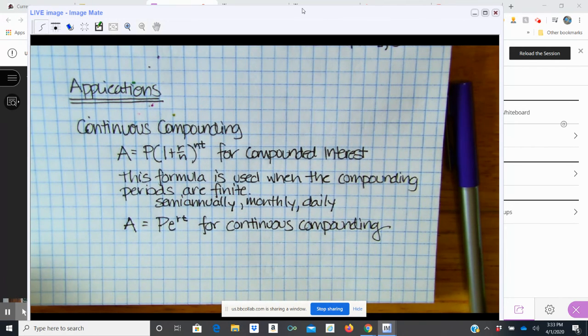Continuous compounding is used when basically you don't even take a breath to figure out what an answer is, to put it back in to start all over again. So continuous compounding is growth that never stops, there's no definite periods. It's just always being calculated.